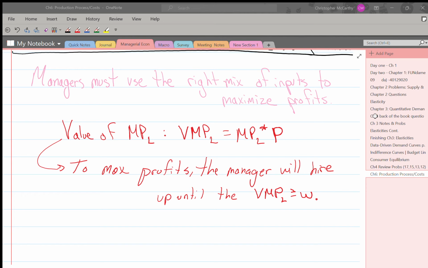No. So they are going to hire 9 laborers in order to maximize the profits. So this is the example of how to do this kind of profit maximization through input choice.